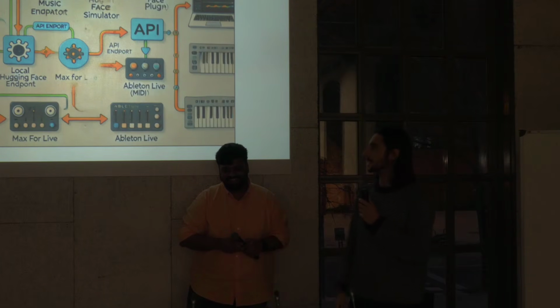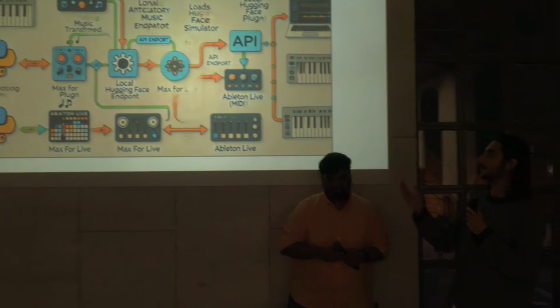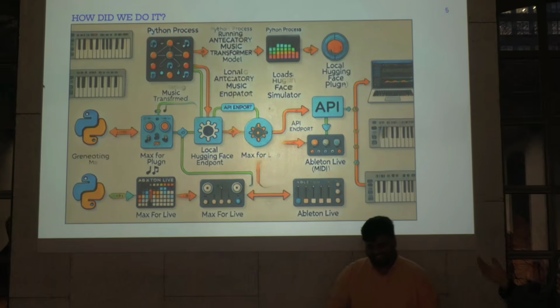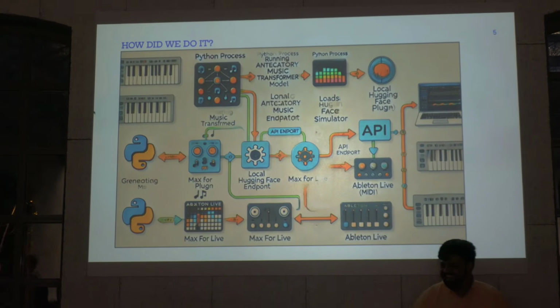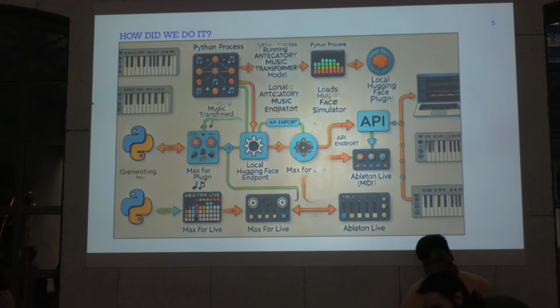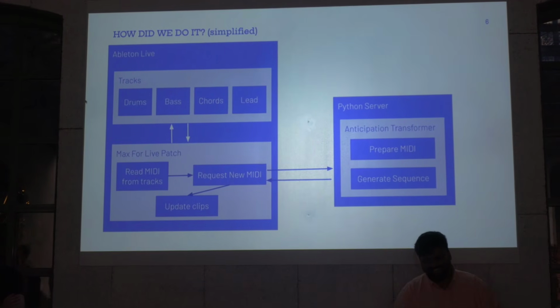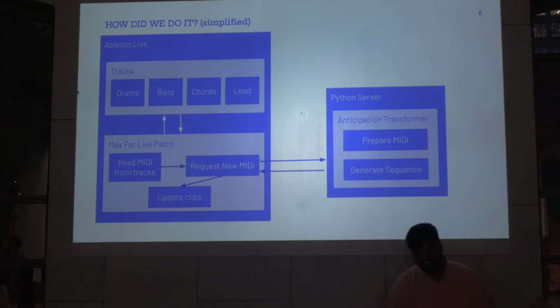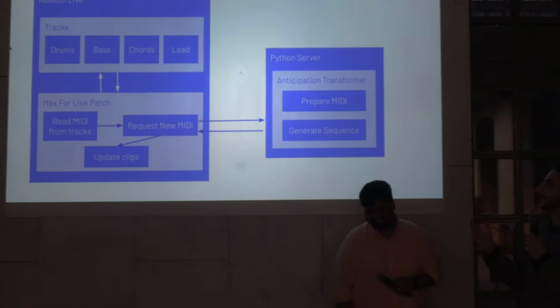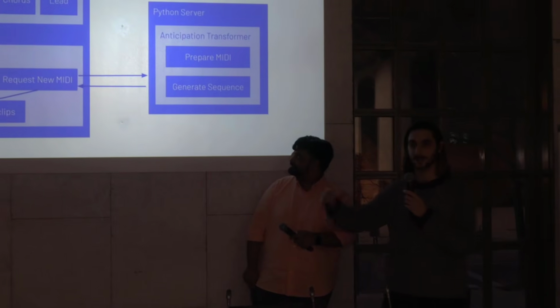Using ChatGPT, this is using AI to produce a diagram of how it works. It's kind of typical of how we feel about the process because this is completely incomprehensible. But actually what is happening is just within Ableton Live, we have a Max for Live patch, and that calls out to a Python server that's hosting this model.